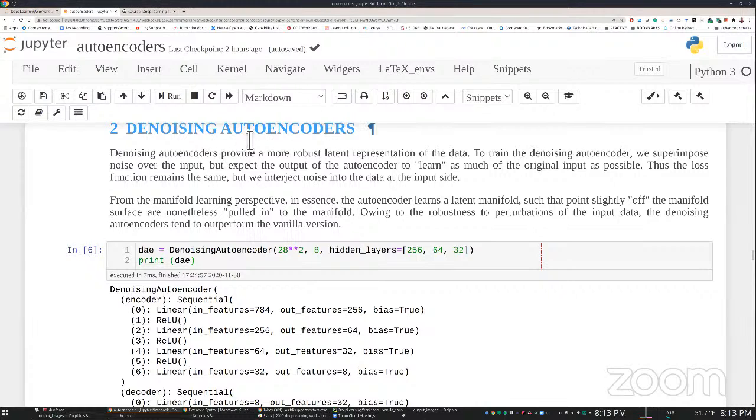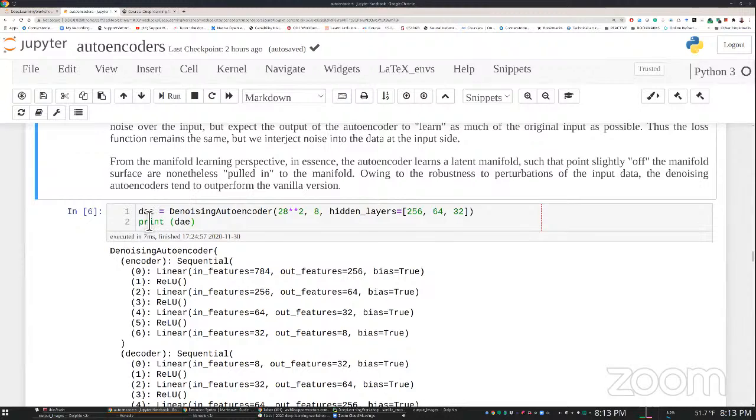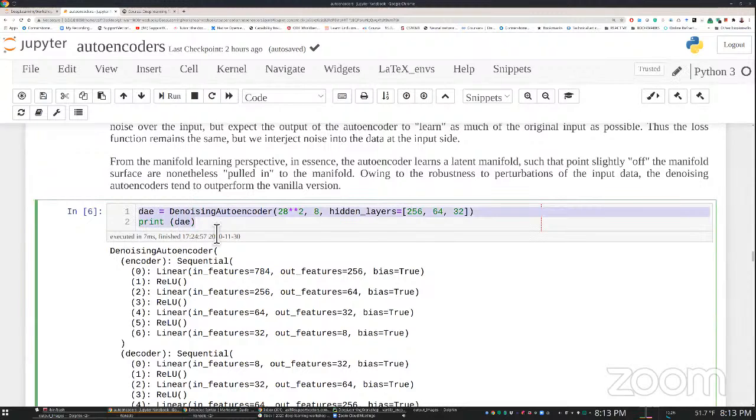You can use a denoising autoencoder. This time, instead of giving it just the input, we'll inject noise into the input and see what it does to this picture. Now, what I've done here is something quite surprising. I have reduced the output dimensions to 8, and I've added 3 hidden layers just for fun. Why did I do that?